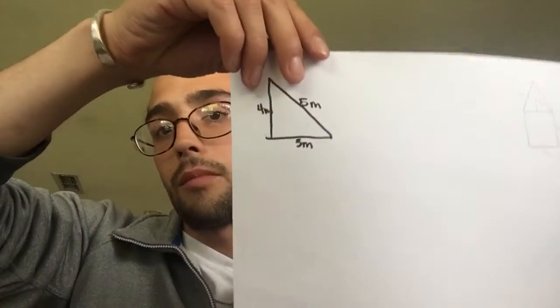After doing this, they'll trace it and come out with this shape. Excellent. And label it according to the size with 3 meters, 4 meters, and 5 meters, as so.